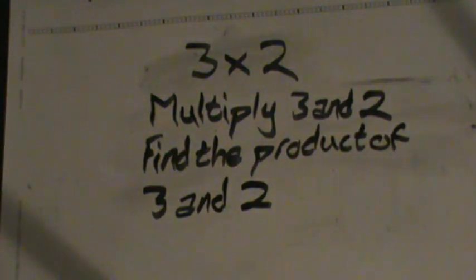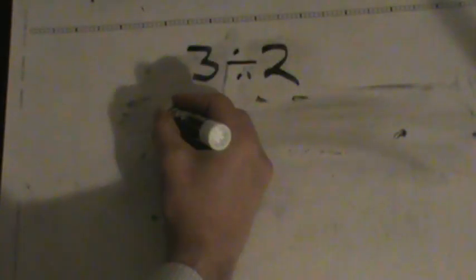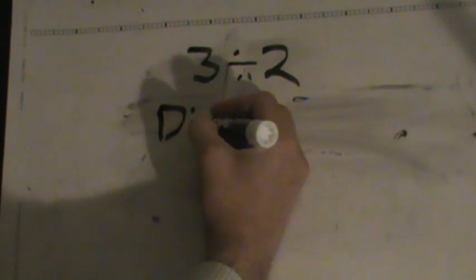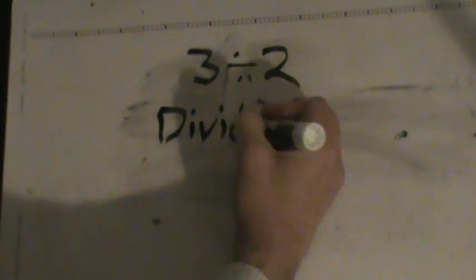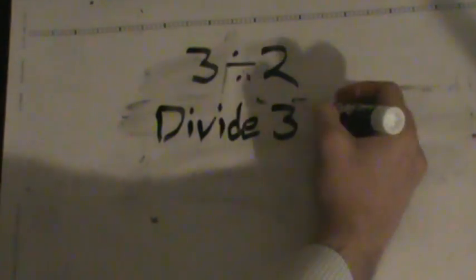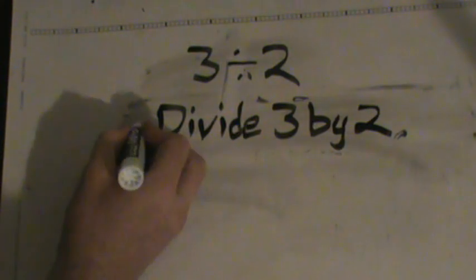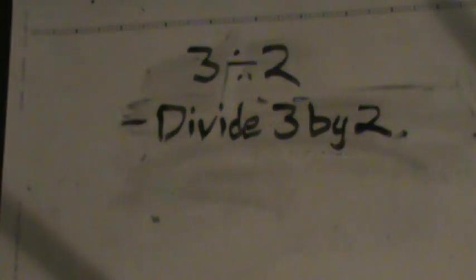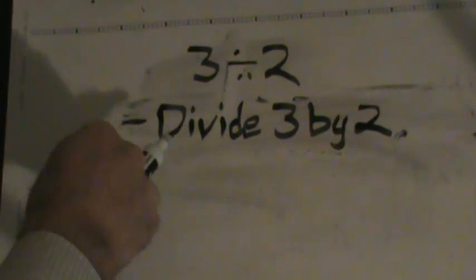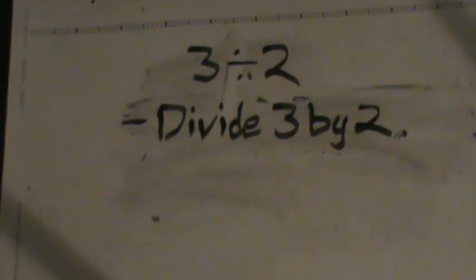Finally, if we had division, we would say divide 3 by 2. This is really the only way we'd be saying this for division. We wouldn't be using the phrase quotient. It just works better to say divide 3 by 2.